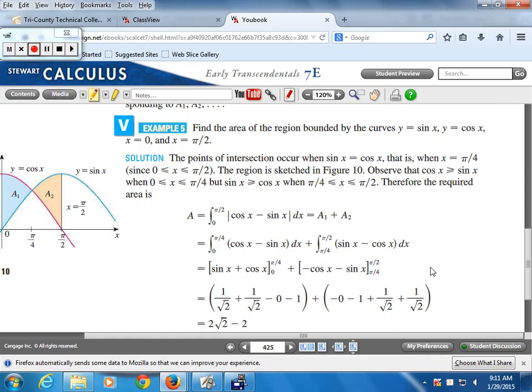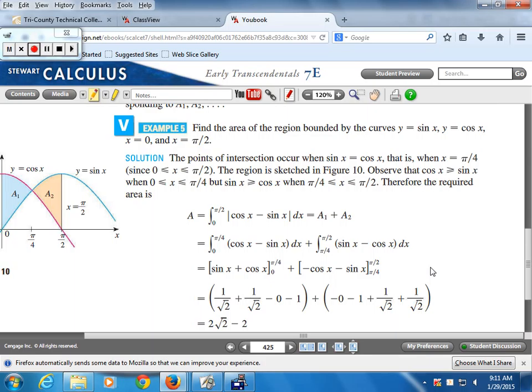Some of you may have done this in Calc 1. When you have symmetry, what do you have to remember to do? Multiply it by 2 or add the 2 together, right? Don't forget that. You've got symmetry here. When you're doing cosine minus sine, you're just doing one area, so you've got to add them together. So don't forget that. And you have to make adjustments with your values or multiply it by 2, whichever one you want to do.